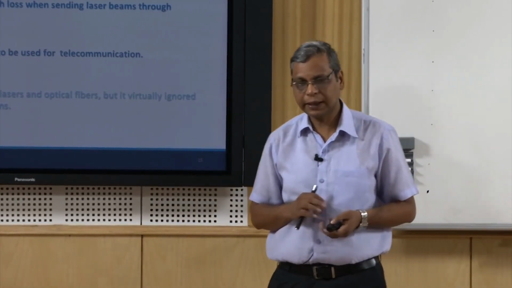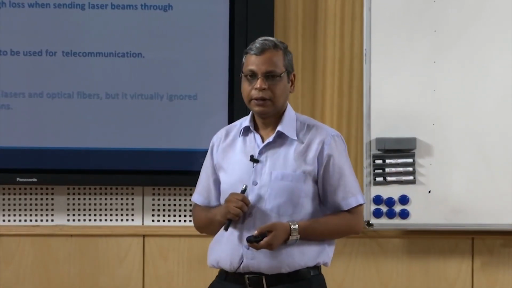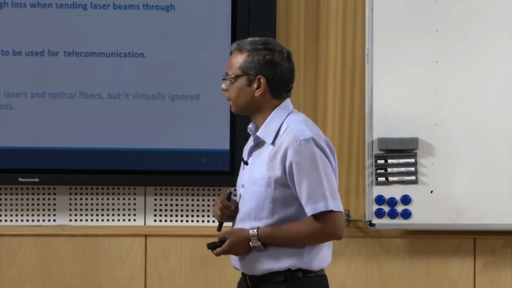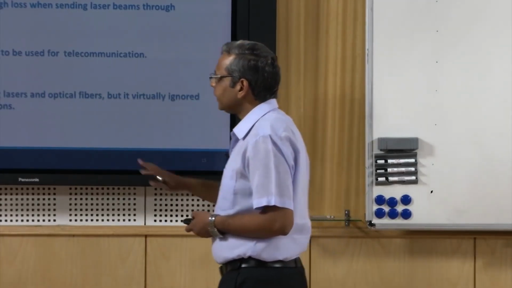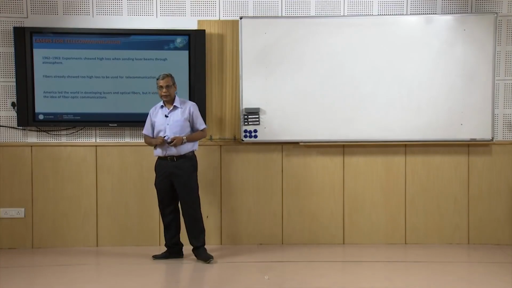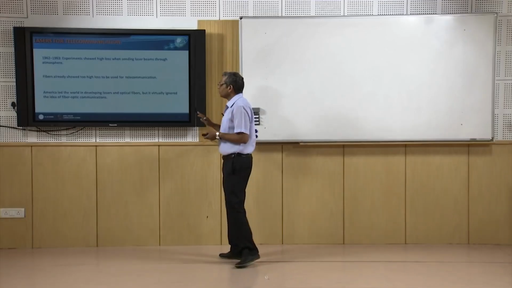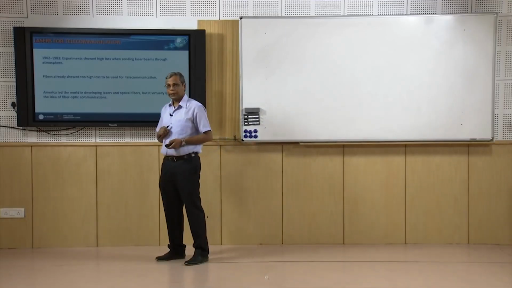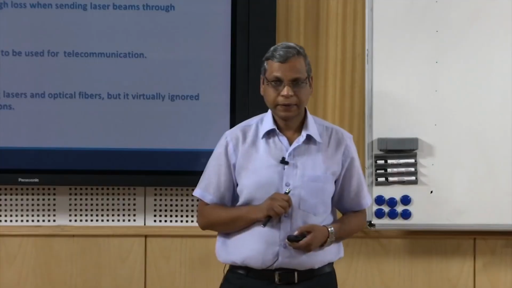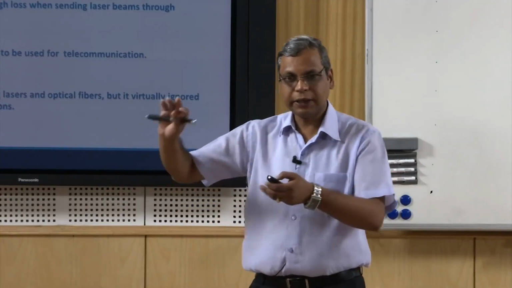They thought that it can never be used for communication. At that time, America was leading the world in developing lasers and optical fibers, but for different applications. America virtually ignored the idea of fiber optic communication, so it was put in a cold bag.